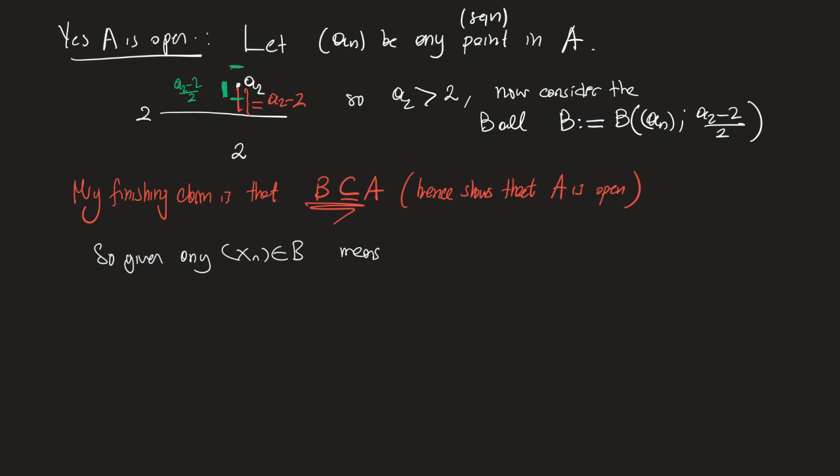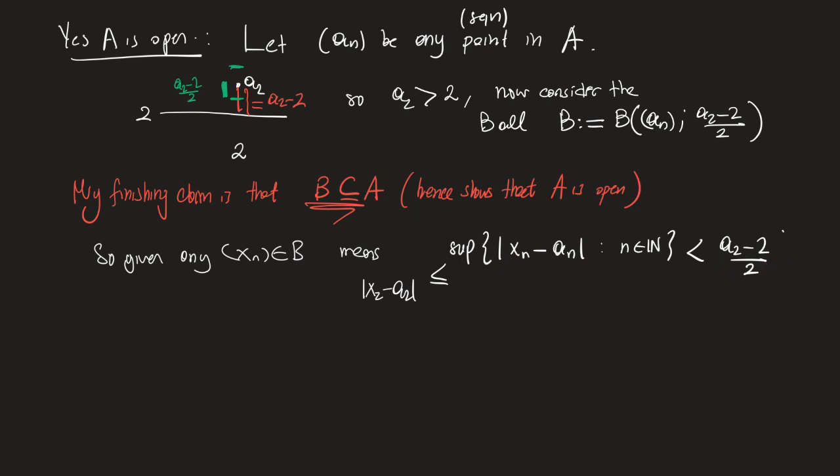the supremum of |xn minus an| over the natural numbers should be less than (A2 minus 2) over 2. Okay, so it means that let me consider the a2. So this supremum is bigger than |x2 minus a2|, and this supremum is less than (a2 minus 2) over 2.